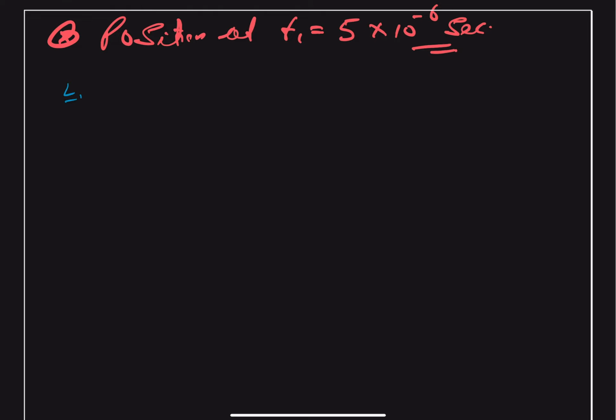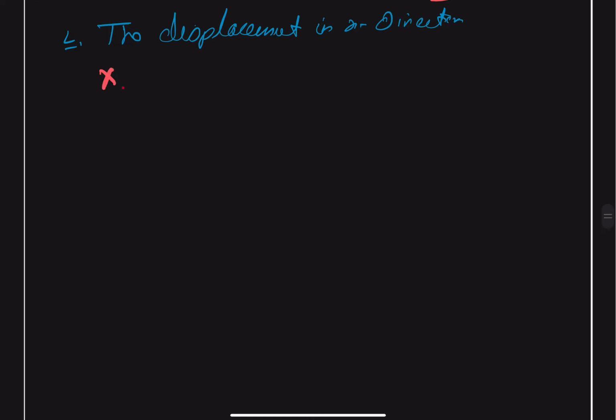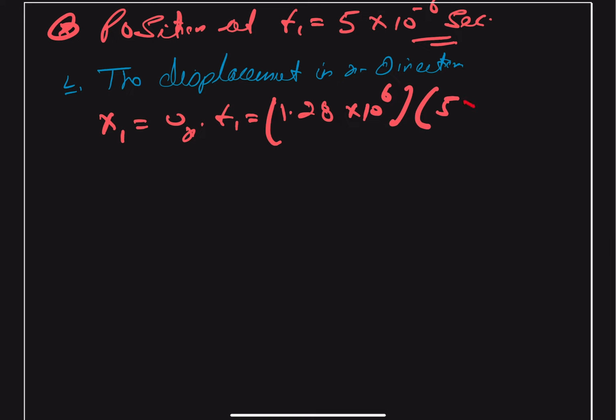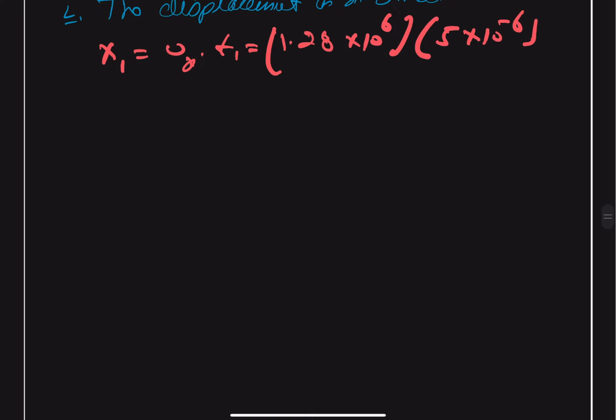The displacement in x direction, let us call that x1, is equal to Vx multiplied by t1, and this is 1.28 into 10 to the power 6 multiplied by time, 5 into 10 to the power minus 6. So we get x1 is 6.4 meters.